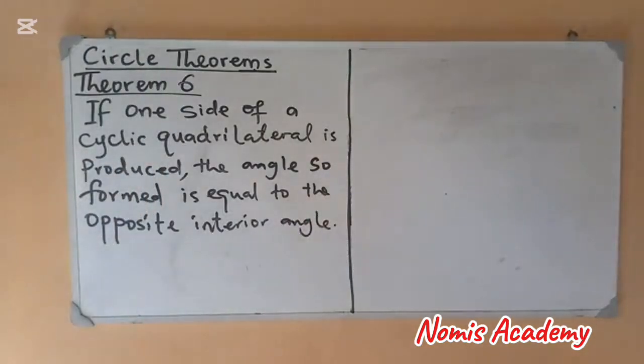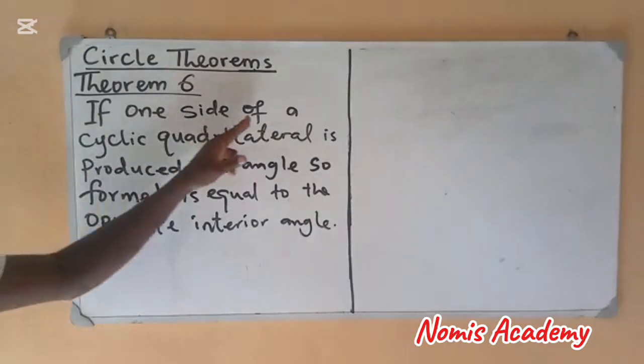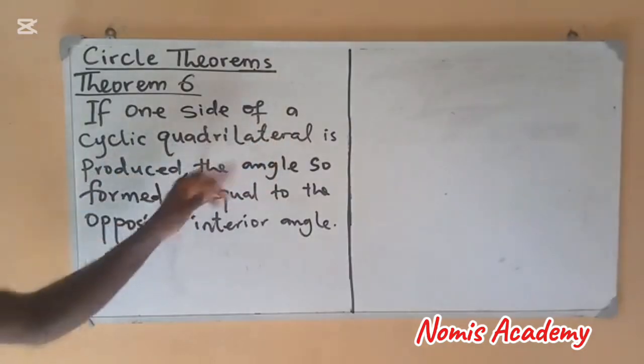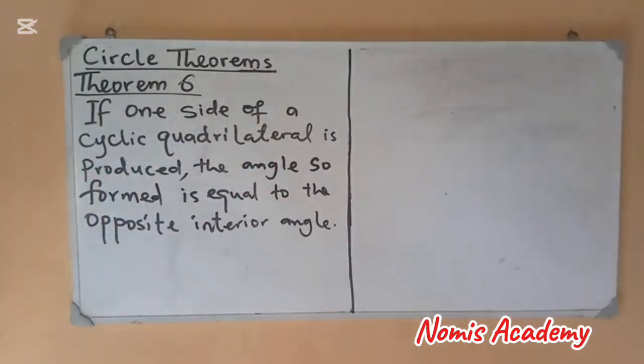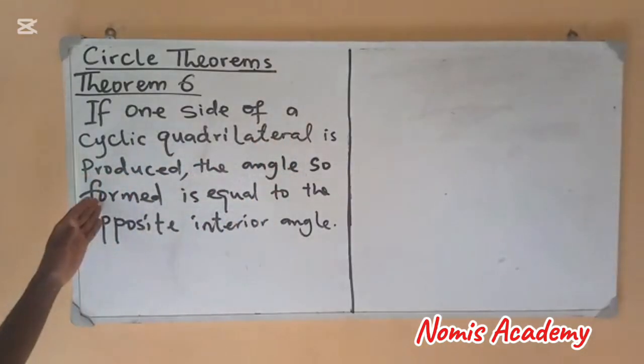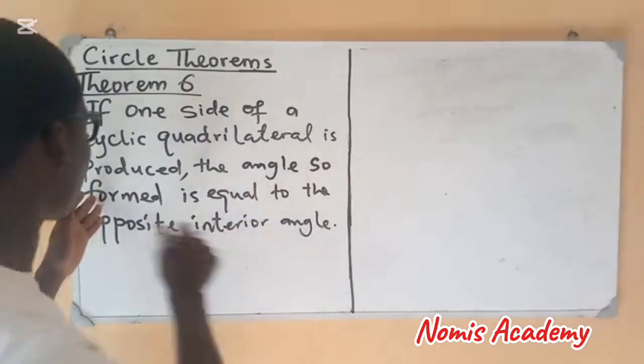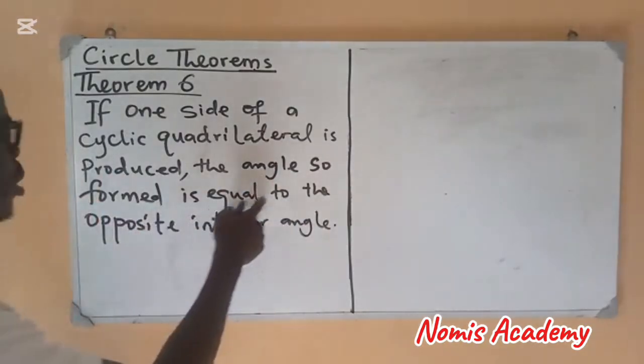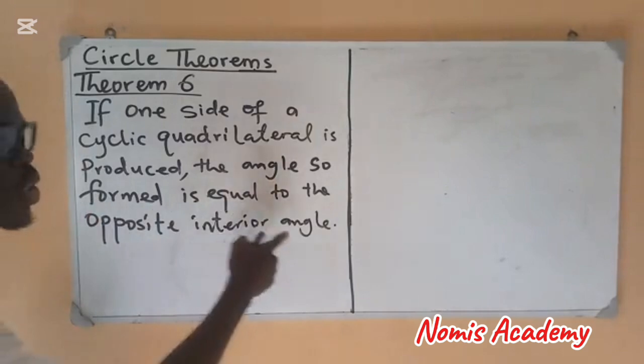Okay, so it says that if one side of a cyclic quadrilateral is produced, the angle so formed, or the exterior angle so formed, is equal to the opposite interior angle.